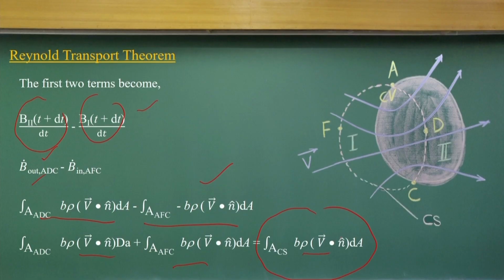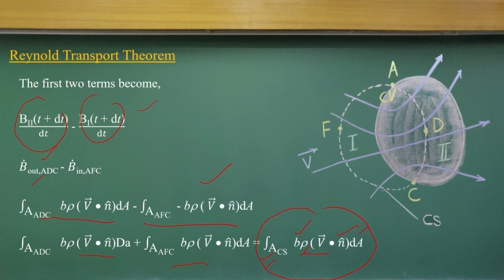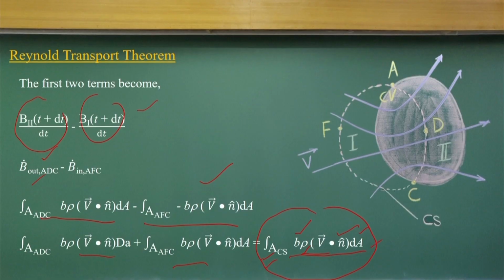If I know the velocity and the unit vectors, if I know the B and how the density varies, then we can find the net outflux by doing a surface integral of these functions. Okay. It looks easy, but it is not that easy. That is why I want you to understand the problems in a better way.